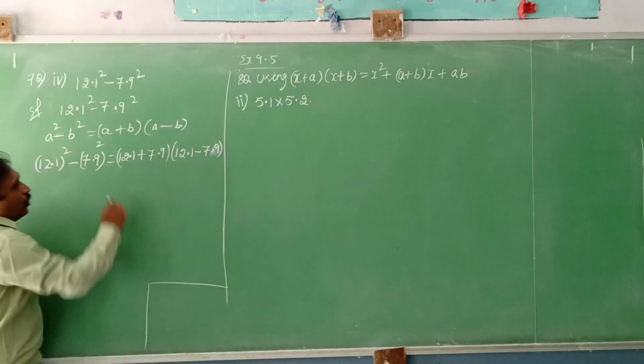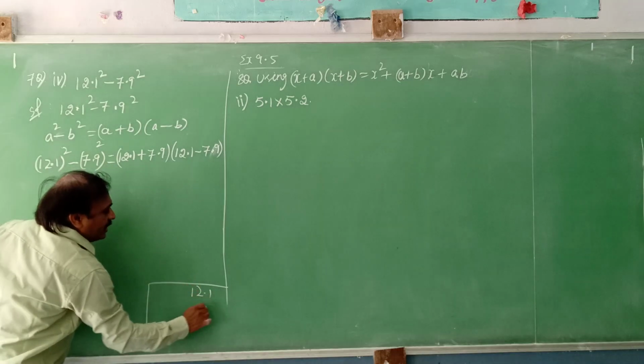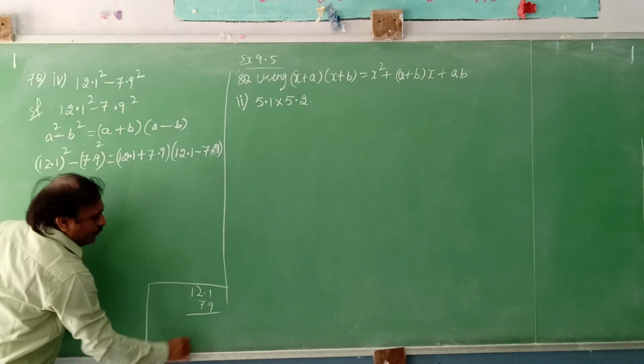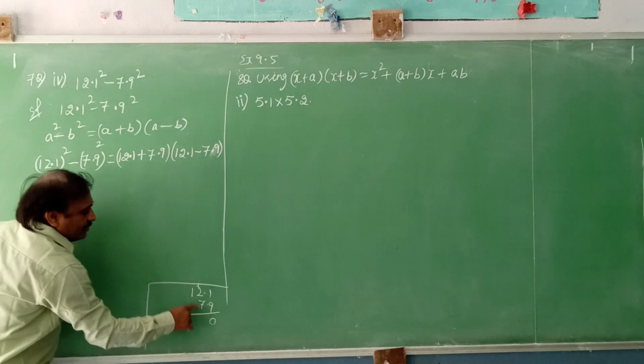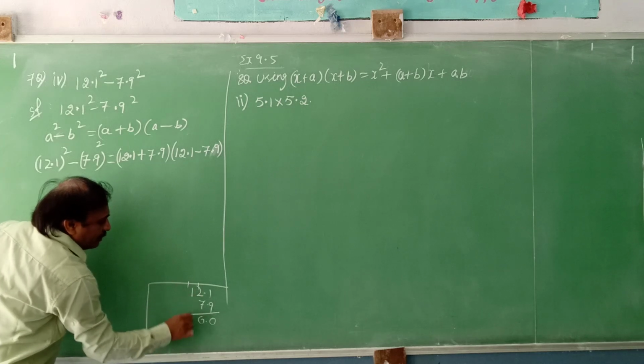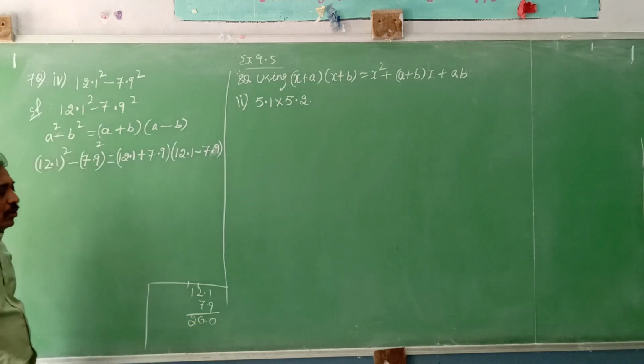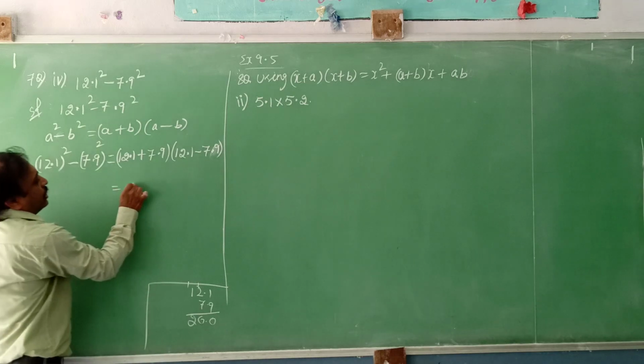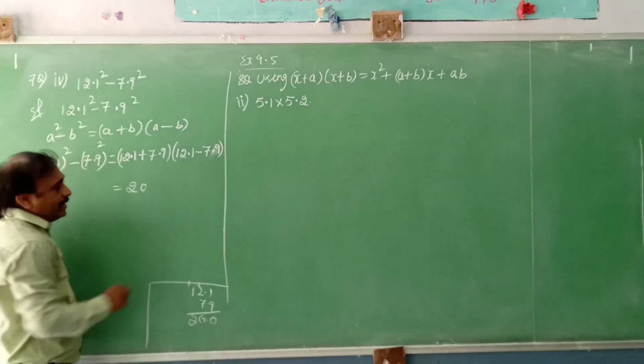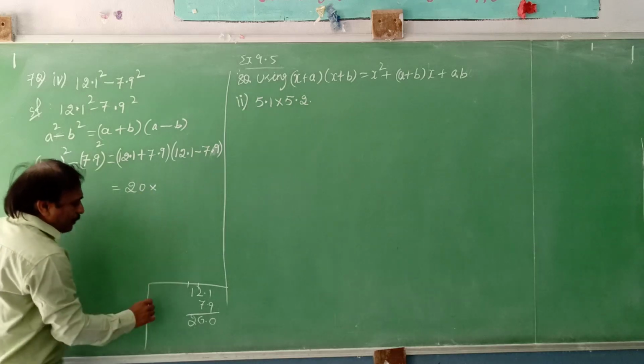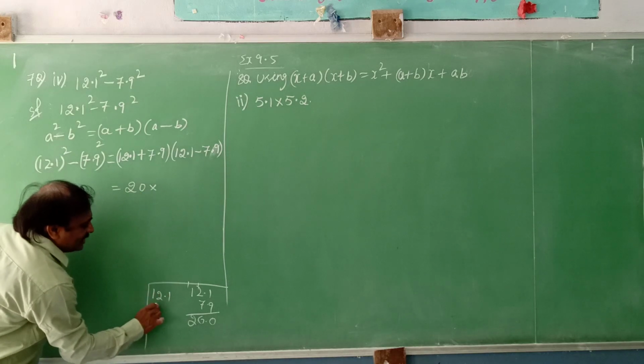Look at this: 12.1 plus 7.9. When you add, the round figure: 9 plus 1 is 10, and 7 plus 2 is 9, plus 1 makes 20.0, which is nothing but 20. So 20 into 12.1 minus 7.9.